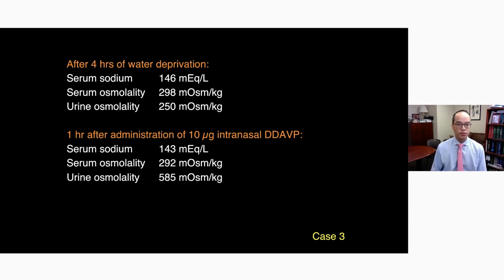After 4 hours of water deprivation, her serum sodium is 146, serum osmolality 298, urine osmolality 250. At that point, she gets 10 micrograms of intranasal DDAVP, and 1 hour later, her serum sodium is 143, serum osmolality of 292, urine osmolality of 585.